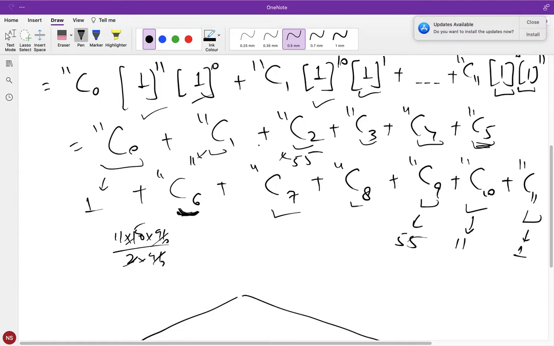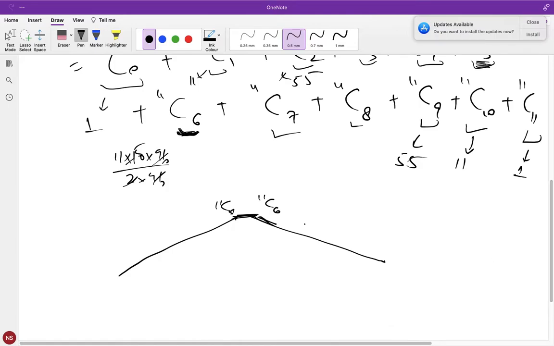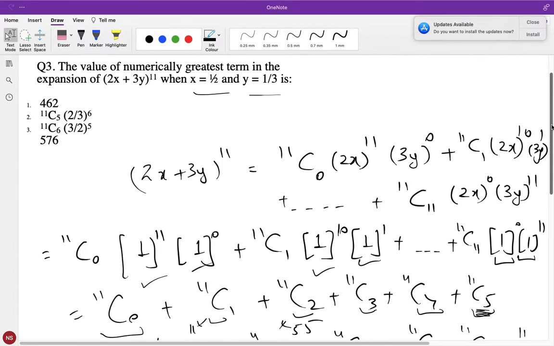It increases from 1 to 11 to 55 to this, to this, to this value, 11c5, which is the maximum, which is also equal to 11c6. The graph is like this. These two are equal and then it starts reducing again. This is how these coefficients are increasing, then stay the same, then decreasing. So the answer is either 11c5 or 11c6. Very easy, right?